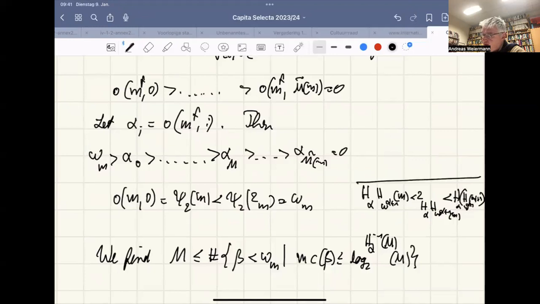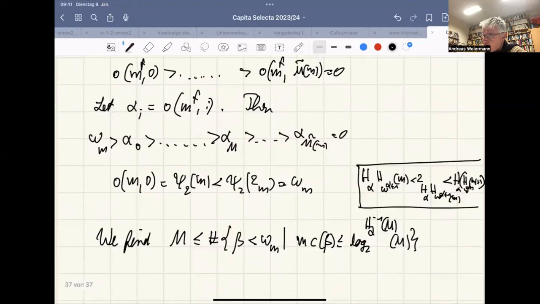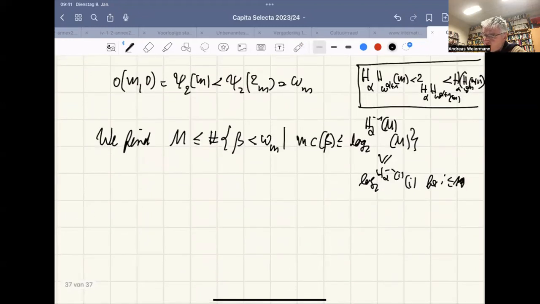So this means we are in the right interval to apply our last lemma, namely that this term here bounds the values of the f functions for all the terms showing up over here. So these numbers here are bigger than the log 2 of h alpha inverse of I for I less than or equal to m.